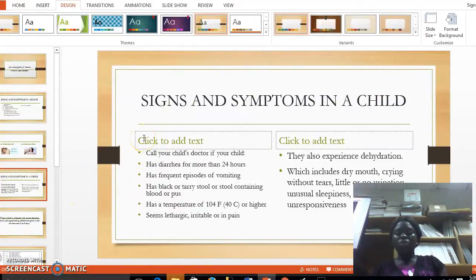When you realize that your child is facing these signs and symptoms, you should quickly contact your doctor for treatment.